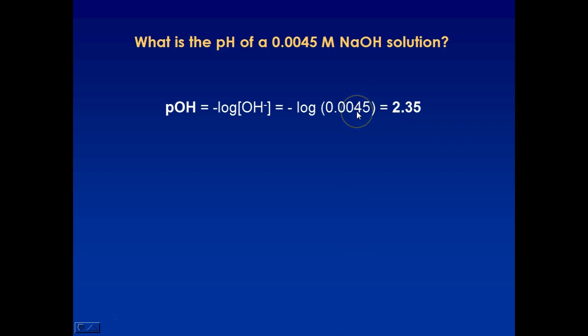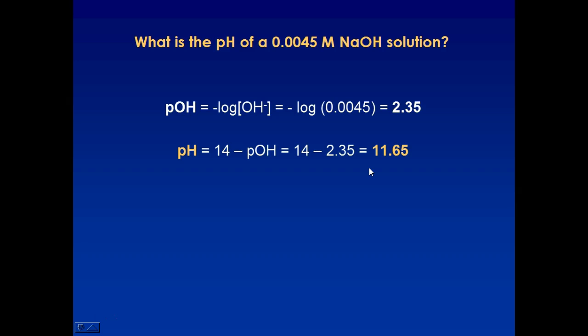However many sig figs you have in your concentration, that is how many decimal places you have when you do a logarithmic calculation for significant figures. So because this had 2 sig figs, I have 2 decimal places. And now I can use pH and pOH equaling 14 to solve for the pH, 11.65.